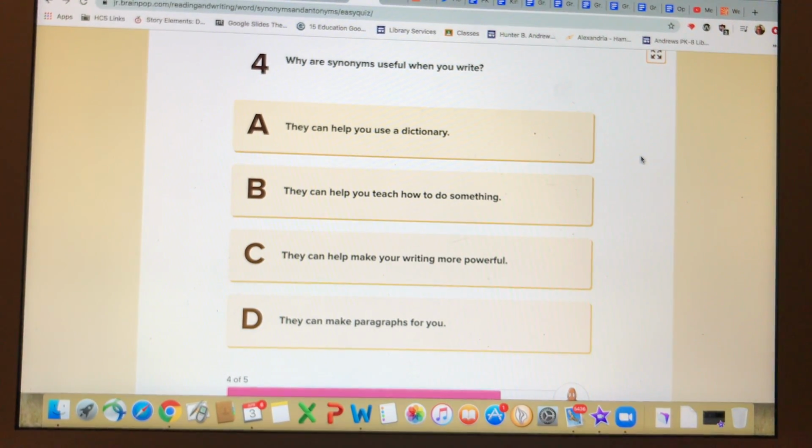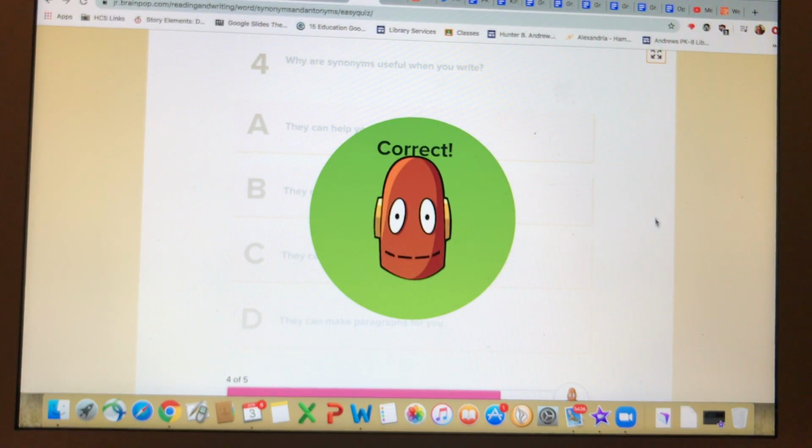Can they help make your writing more powerful? Sure, if you take one word and find a synonym and replace it, it might make your writing more interesting. What about making paragraphs for you? No, they're not going to do that. But they can give you more interesting words to use. They can help make your writing more powerful.